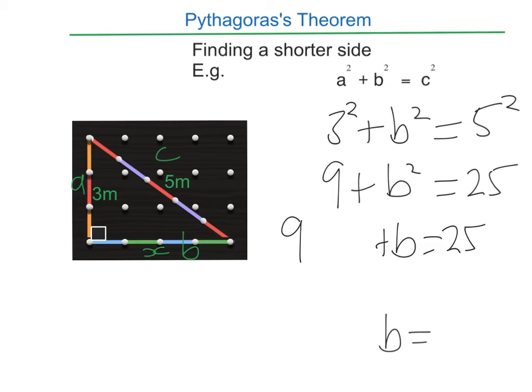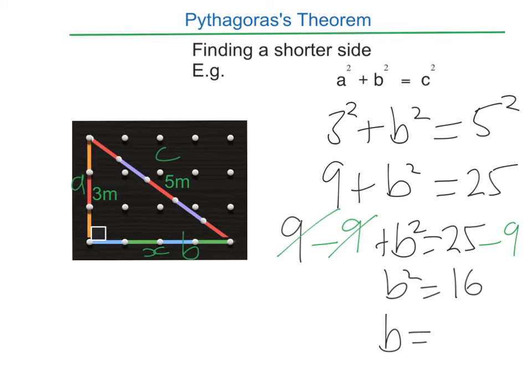And I'm going to do something to both sides of the equation. I'm going to take away 9. When I do that, 9 take away 9 is 0, which is why I did it. Oops, I left the squared off, put it back. And what I'm left with now is B squared equals 25 take away 9, which is 16. So B squared equals 16.